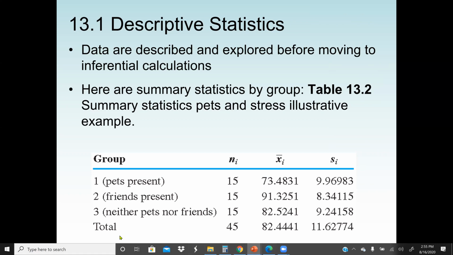The total sample size is 45, and the total mean, 82.4441, is the average of the three groups together. The same goes for the standard deviation, so we can see how the data disperse.